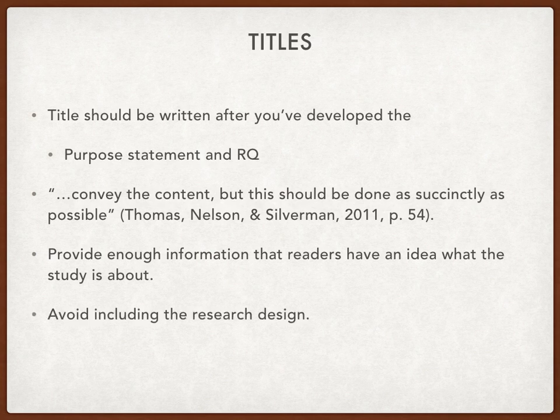And I think you should avoid including the research design in the title. I've heard that a good length for a title is anywhere from 12 to 16 words. I think that's a good ideal to have, to keep the title succinct and to the point. But you don't want it to have just 4 words. That may not be enough, so you have to try to base it on your purpose statement and the research question.